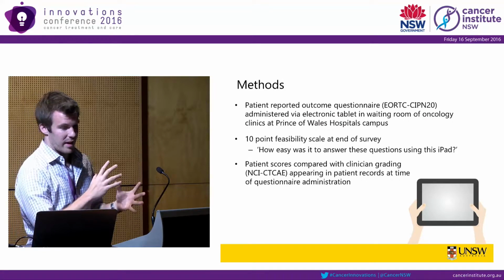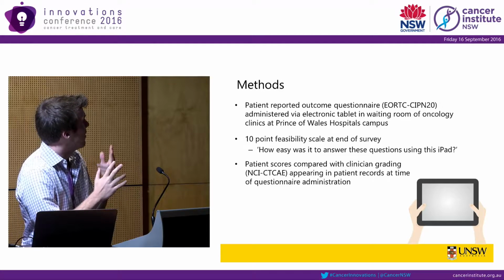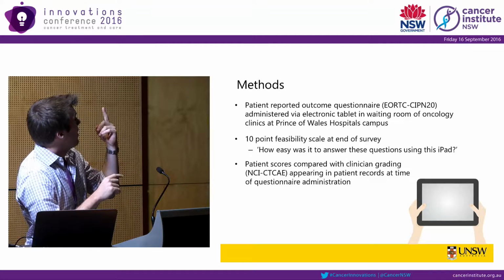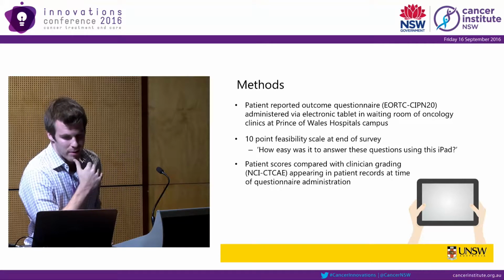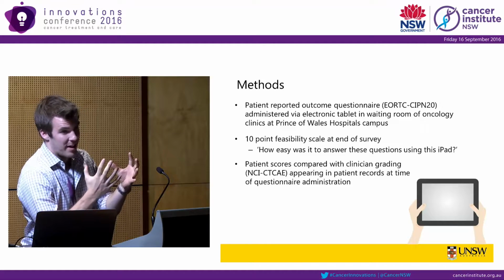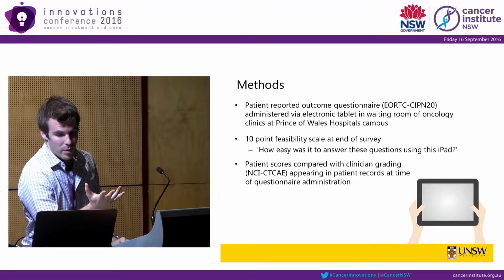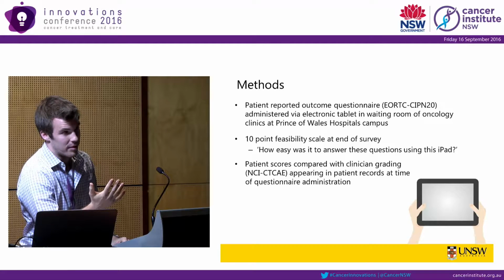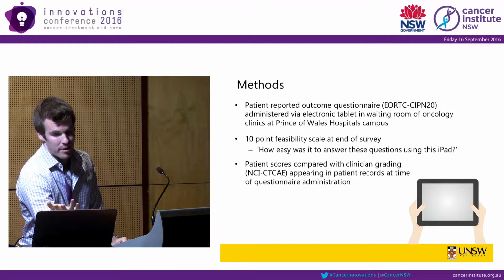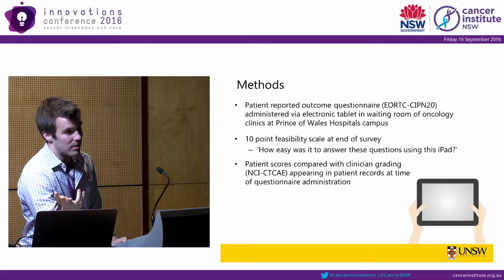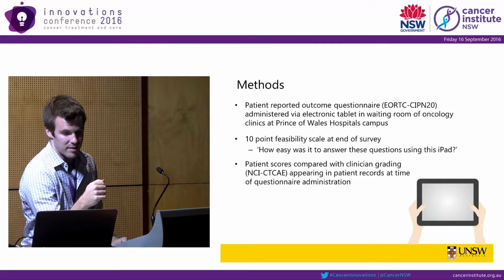For the methods, how we looked at feasibility in the first two aims: we took patient-reported outcome questionnaires on an iPad, and administered them in the waiting rooms of oncology clinics on the Prince of Wales Hospital campus. The patient-reported outcome questionnaire we used was the CIPN-20, which I'll give more details on in the next slide.